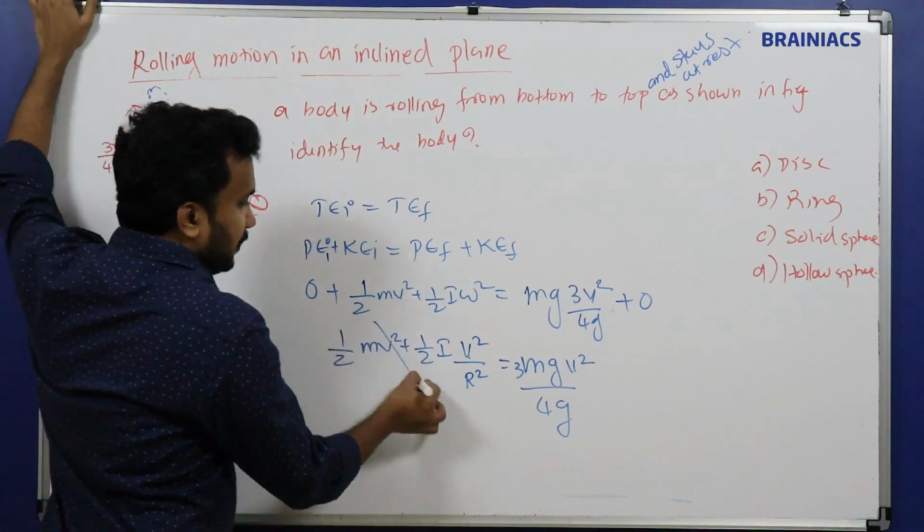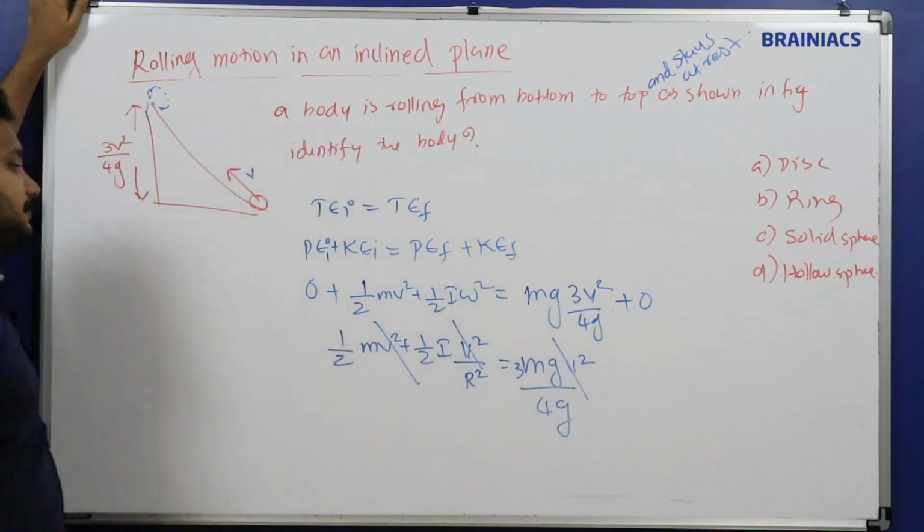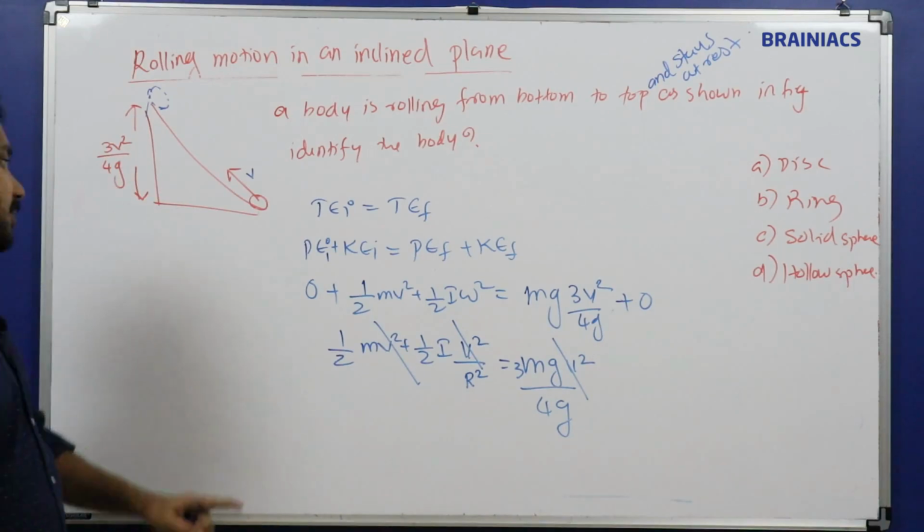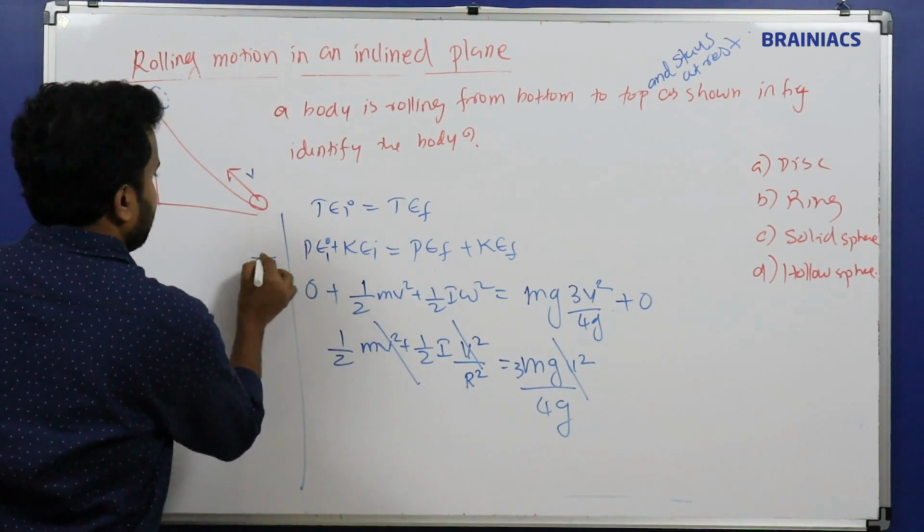V square cancels. Multiplying by 2, I am writing the balance steps over here.